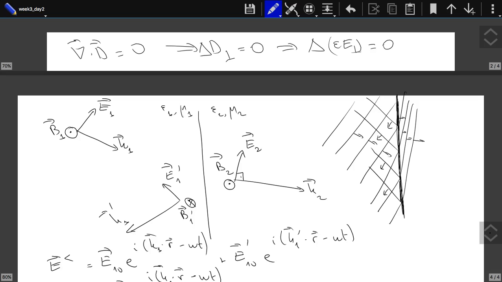So if I have boundary conditions, those boundary conditions should be satisfied at every point on my surface at every time. This is quite a strong restriction. It's not just that I should have the continuity of the epsilon times E perpendicular component at this point. I should have it at every point.